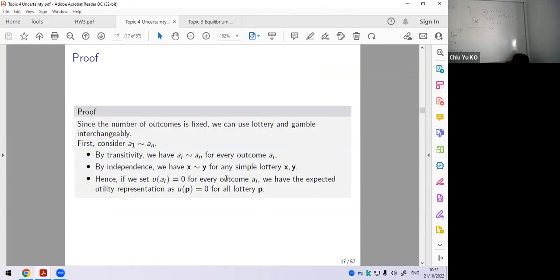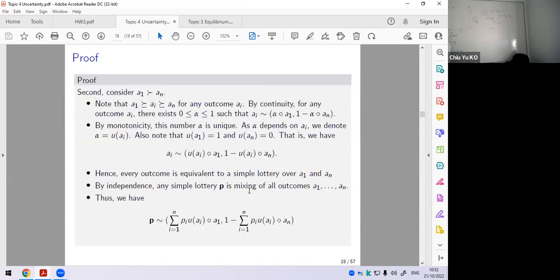This is very trivial, but it highlights one important non-trivial point: this is cardinal. Now the second case is more interesting. A1 is strictly better than An, so the best one and the worst one are strictly different. In that case, as I said, we will use continuity. That is the key point. For any outcome, look at the best and the worst.